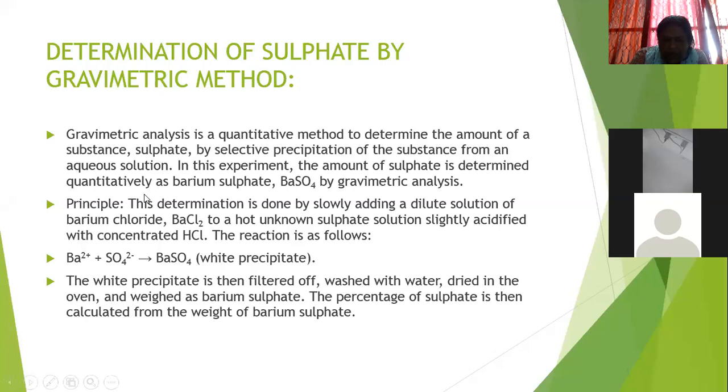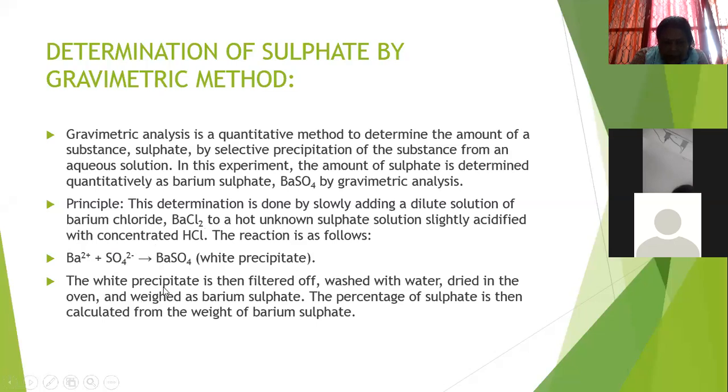So suppose you have a solution which contains sulfate. You can precipitate that sulfate out as barium sulfate by adding a reagent like barium chloride. Barium chloride reacts with the sulfate present in the solution to get precipitated as barium sulfate, and the color of the barium sulfate is white.